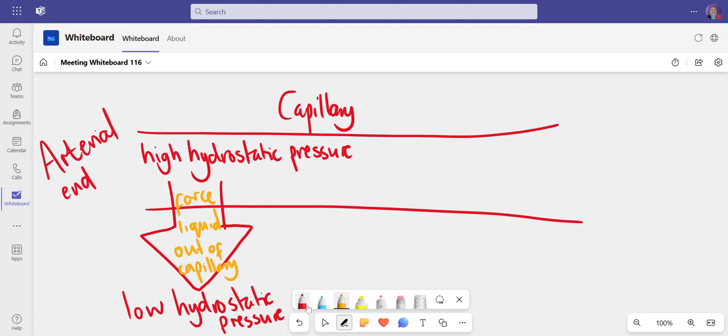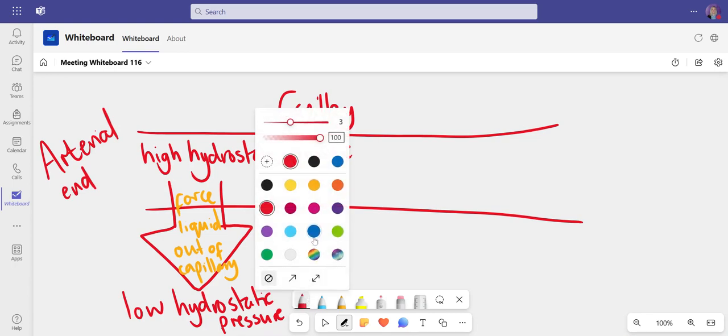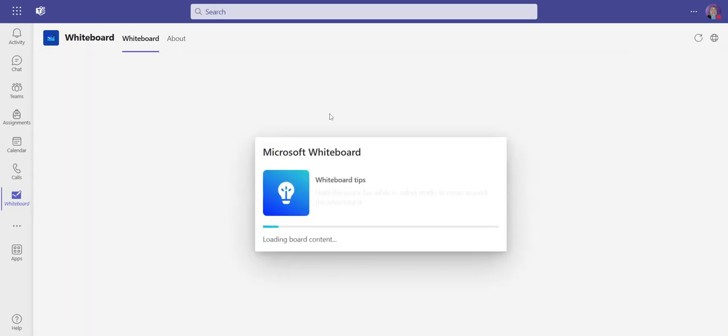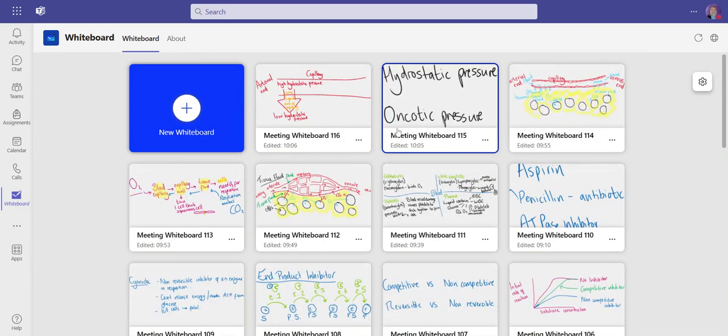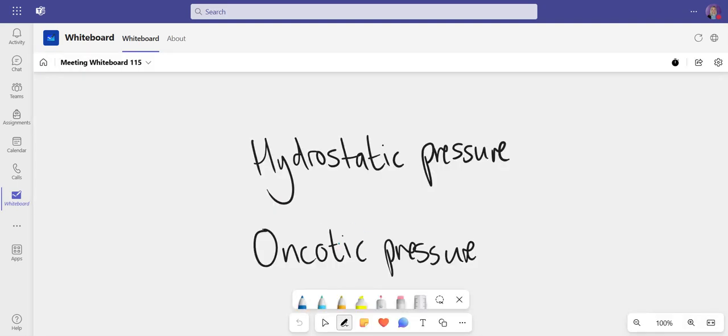Now, that's not the only pressure that we've got involved in this. We've also got the oncotic pressure. The oncotic pressure is basically where it goes from where it's mostly water to where there's a lot of other solutes in the liquid.